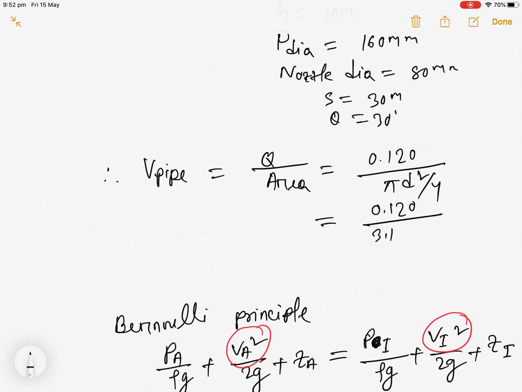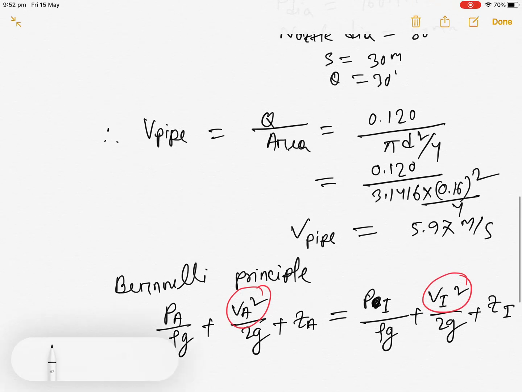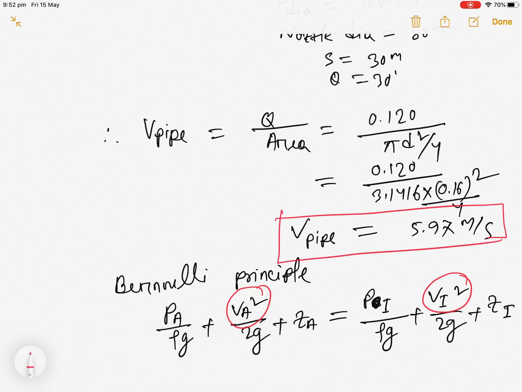So this is 0.12 over pi, which is 3.1416, times the diameter for the pipe section, 160 millimeters, so 0.16 squared, over 4. So it will be 5.97 meters per second. So we say this is the velocity for the pipe section. Okay, we calculated this, the velocity for the pipe section.